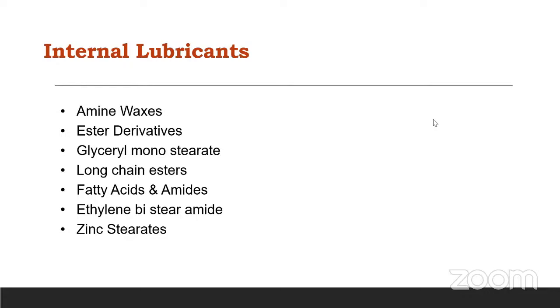So my question is, is there any list through which we can identify what kind of external lubricants are suitable for which kind of polymers? Like, is there any matrix? If I am manufacturing a part with PP, these kind of external lubricants will be compatible with PP, and this will be compatible with ABS. Is any data available?